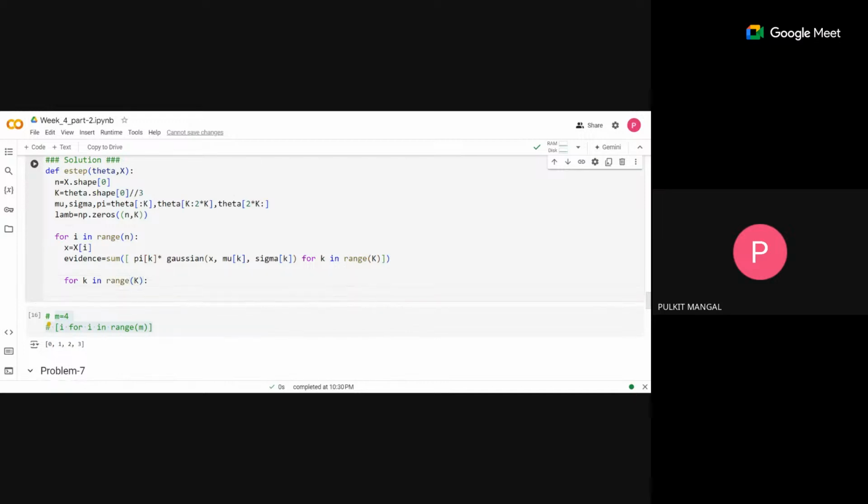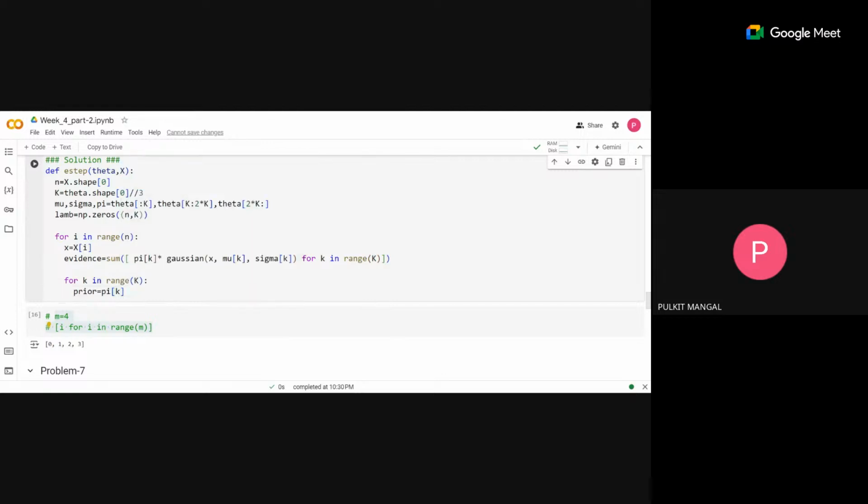So what is the first thing, that is prior probability? In this setup, what is the prior probability? Choosing the component is your prior probability. And how will you get that here? Prior is pi k, of course small k.